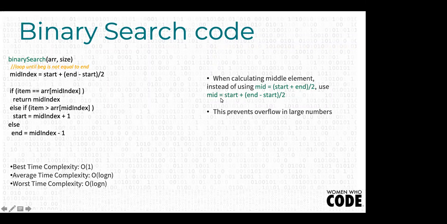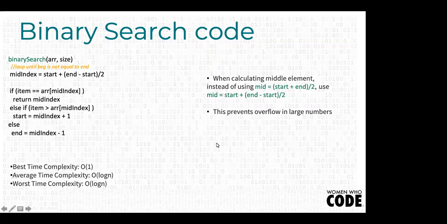But if you use start plus n minus start by 2 to calculate, that will reduce the size of the integer. You don't have to add really large integers. And when you add really large integers, it will wrap to the negative end of the integer range and throw an exception.